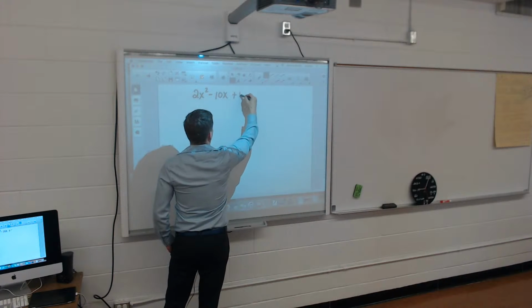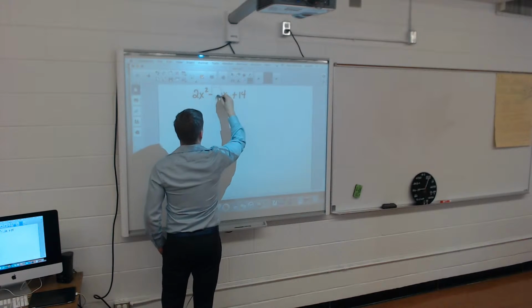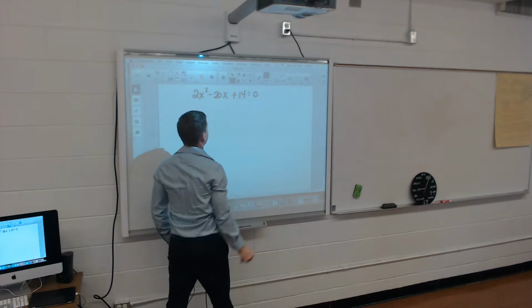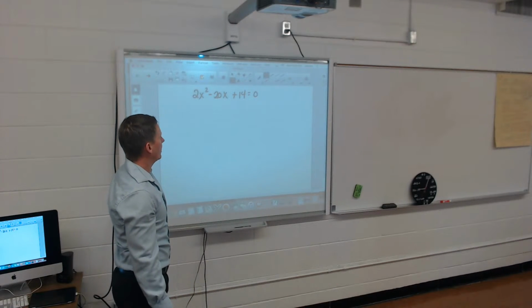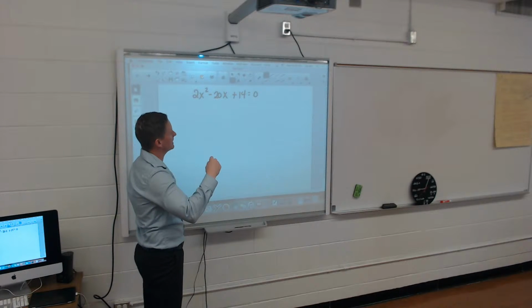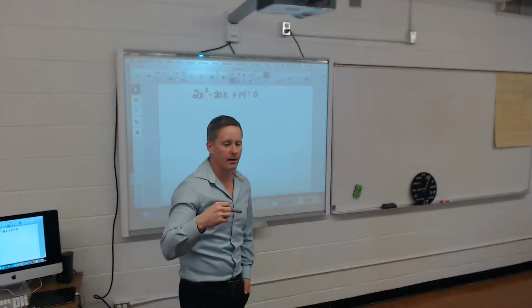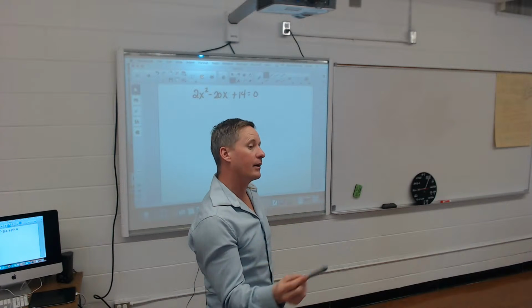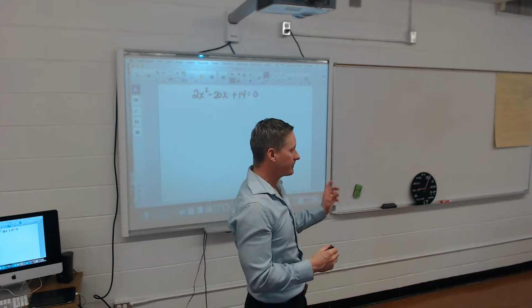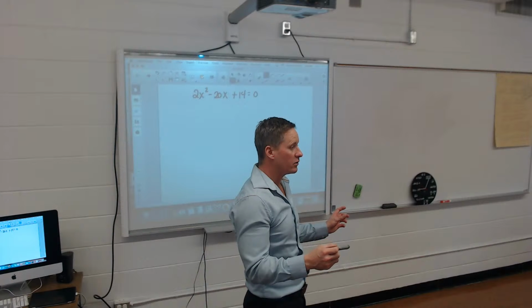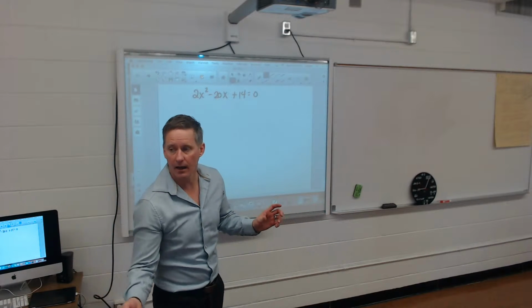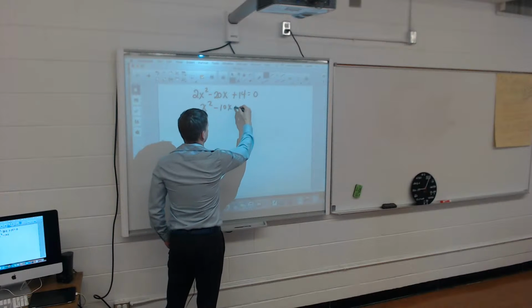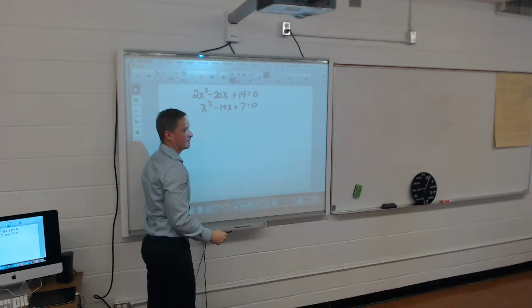Yeah, and it's 20x, sorry, plus 20x, equals 0. Now because the equals is there, I can divide everything by 2 and get rid of it. If I was factoring, I have to leave it there. So if there's no equals, I leave it, but if there's an equals, I can divide it all out. So I've got x squared minus 10x plus 7 equals 0, right?